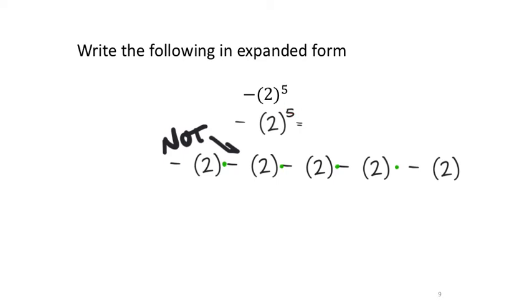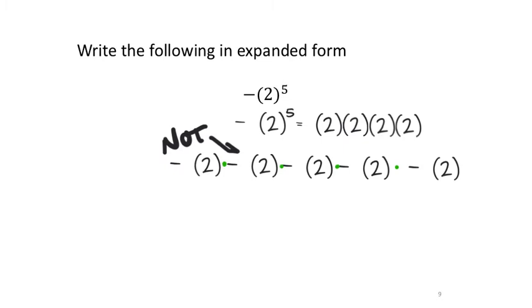So it's not the negative that's to the power of 5. It's only the 2. So I got to take that 2, and I need to multiply it by itself 5 times, right? So there's 1. There's 1, there's 2. Need 3 more, right?